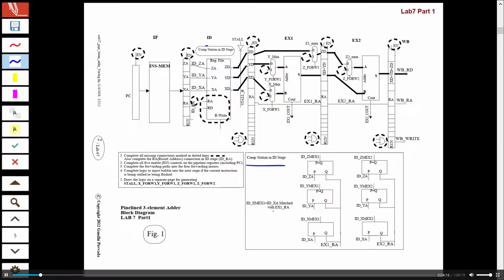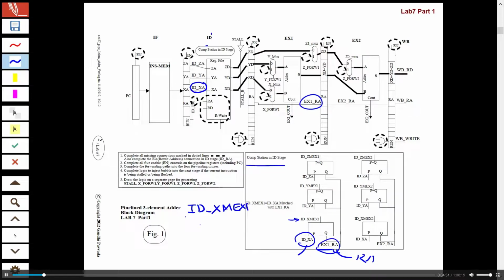And our naming convention says, if I compare IDXA with, for example, EX1 RA, EX1 result address, IDX source address, and the comparison matches, we say the comparison is done in ID stage, and the comparison is between X address and the result address, but where is the result address?